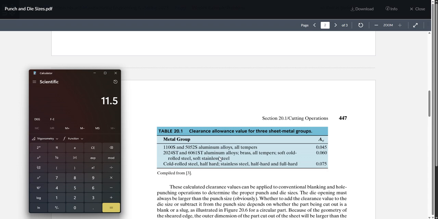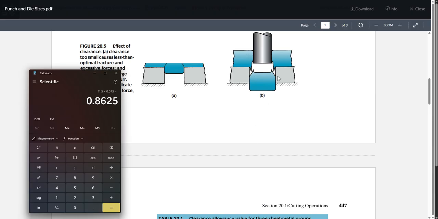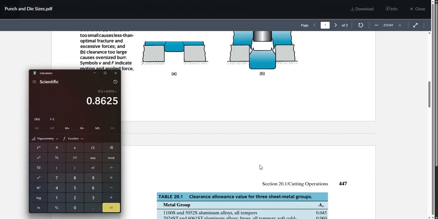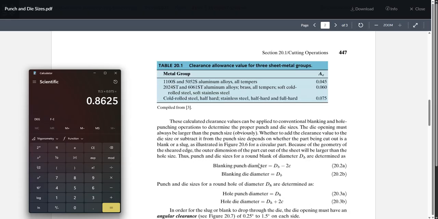That's the soft one or the hard one. Let's try the hard one. So the value is going to be 0.075. This will be multiplied by 11.5, so the clearance value is going to be 0.86. Okay, so that's how we calculate the value.